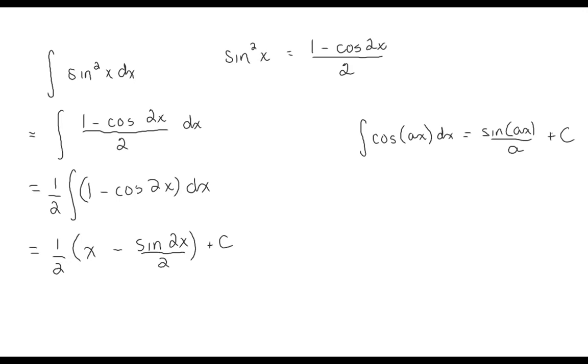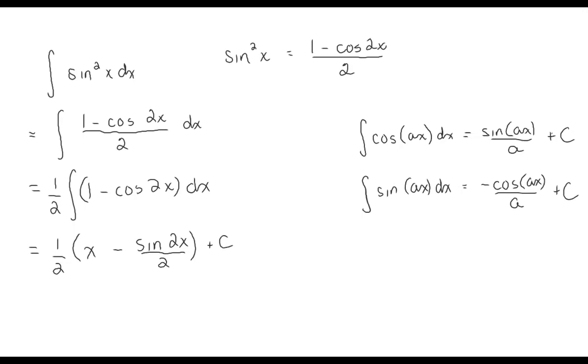So similarly for the sine function, the integral of sine ax dx would be negative cosine ax over a plus c. If you had a secant squared ax, that a ends up in the denominator. And so we are all set.